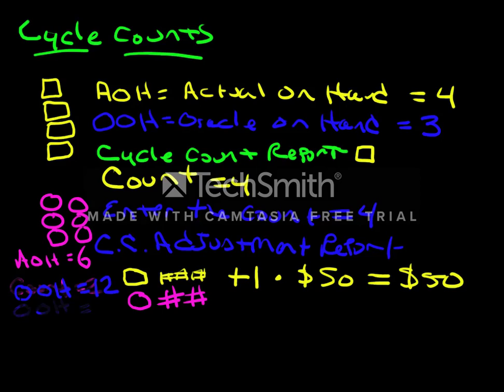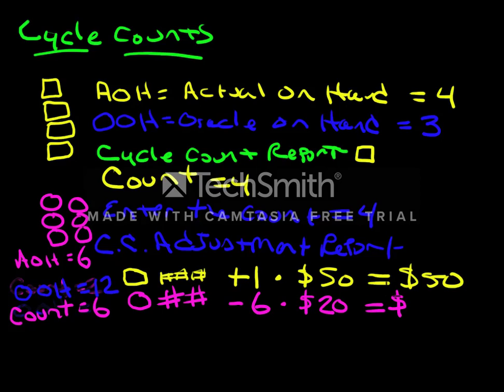So the count of those is going to be 6, right? And then here, where we do the cycle count adjustment report, once we enter the 6, the cycle count adjustment report is going to say we're going to have to subtract 6. We need to subtract 6 from the Oracle on hand to get down to our count. And let's say that these parts were worth $20 each, right?